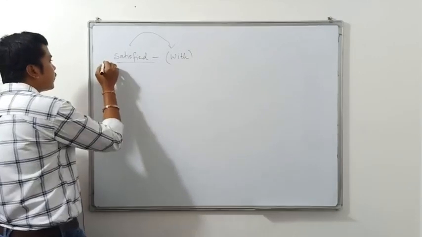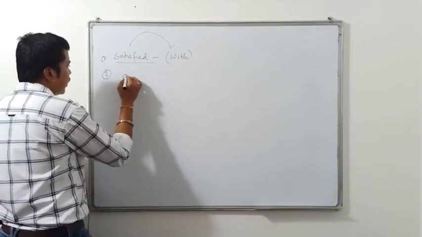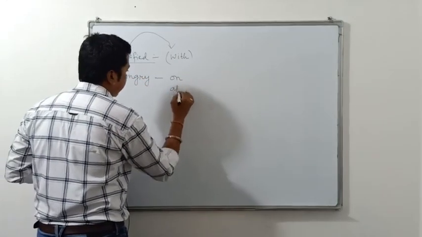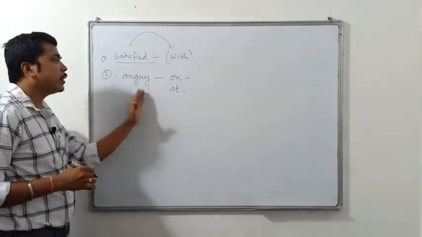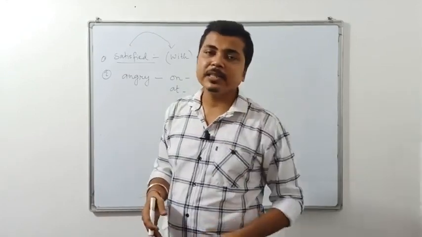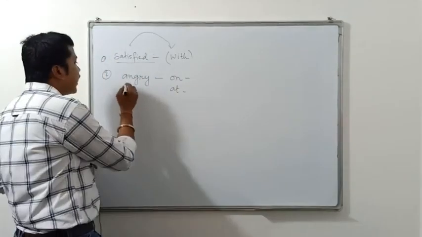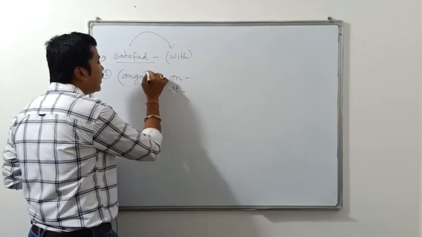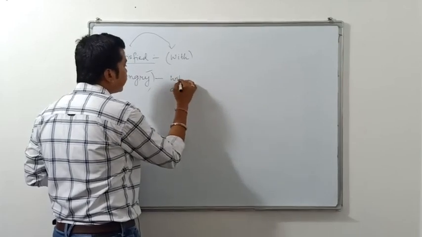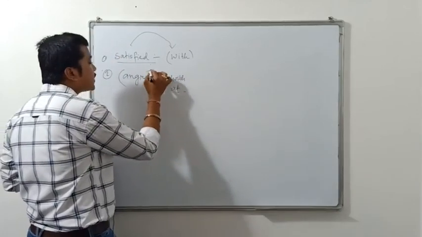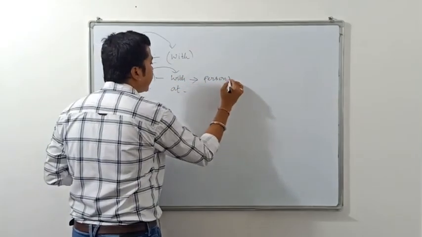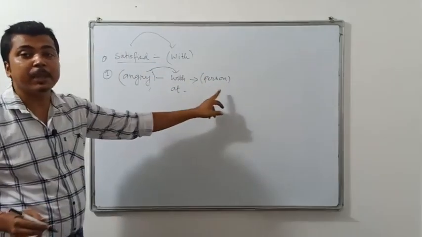Okay, now in next case, angry on, angry at. Now here also dear student, we get confused when to use on and when to use at. It is very simple. Just keep in mind that whenever the word angry denotes any person, that time we use with.